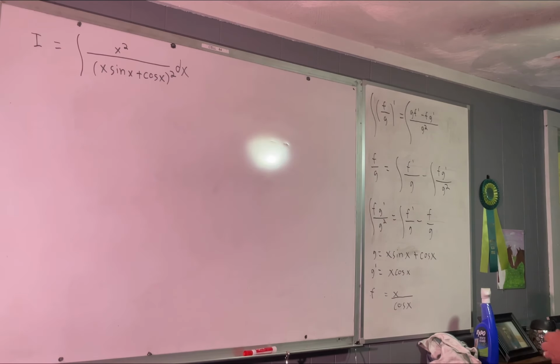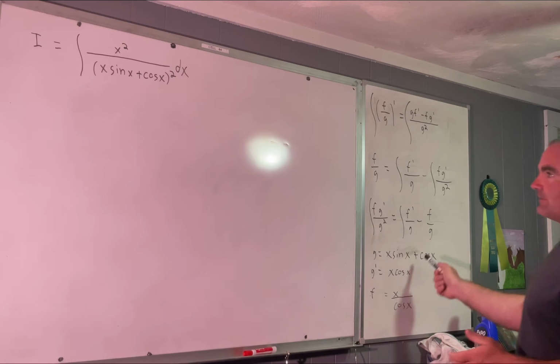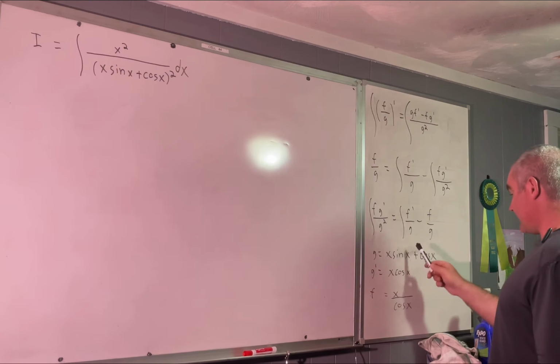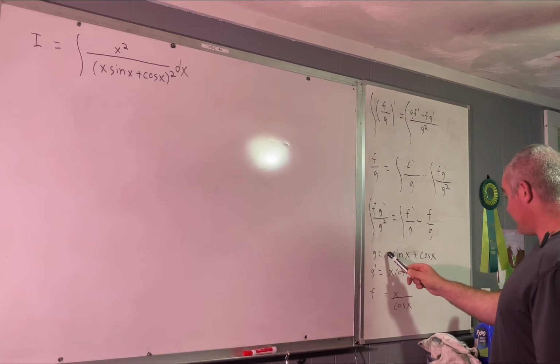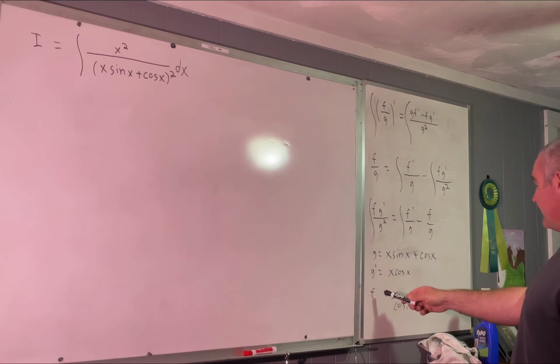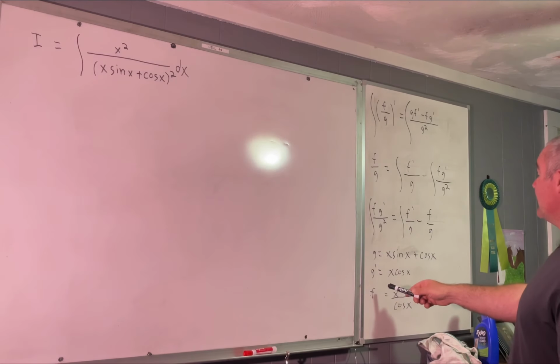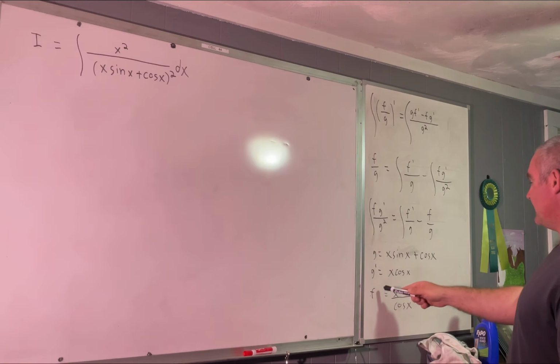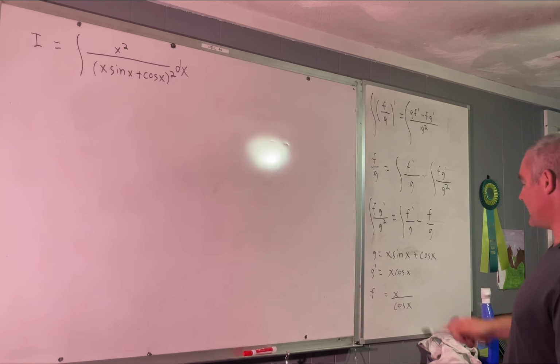Let me make sure I did that right. Yeah, g is definitely that. g prime, first times the derivative of the second plus the second times the derivative of the first minus this. Yeah. All right, so f times g prime has to equal x squared, and g prime is x cosine x, so yeah, that's right.